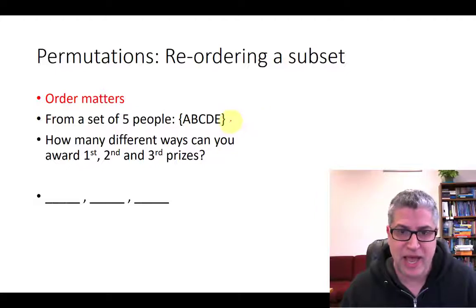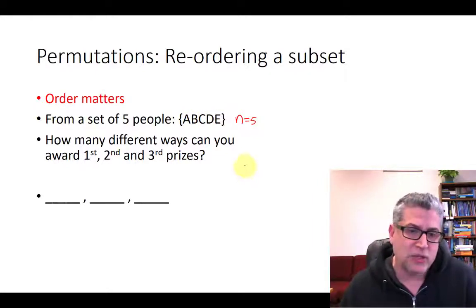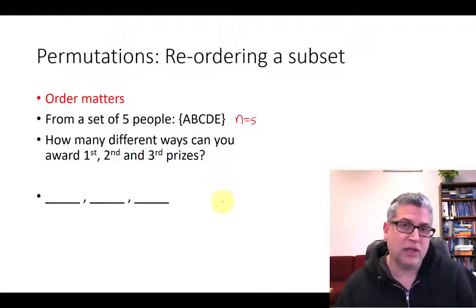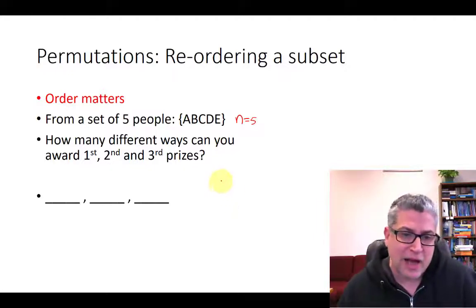So some set n of size n. Here we got n is 5. 1, 2, 3, 4, 5 people. And we'd like to come up with an entire listing, or at least being able to count how many different ways we could order 3 things.